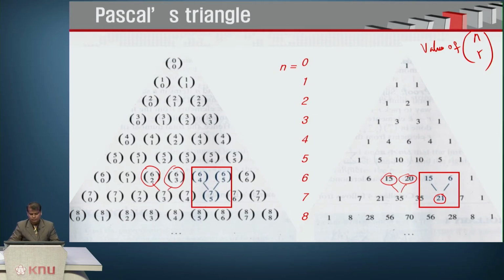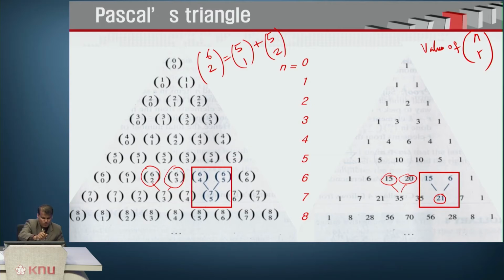Let's move on and see how well they are related. Generally speaking, 6 choose 2 would be of the form 5 choose 1 plus 5 choose 2, right?